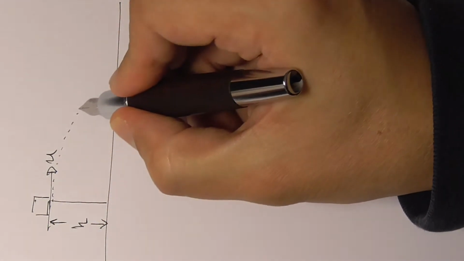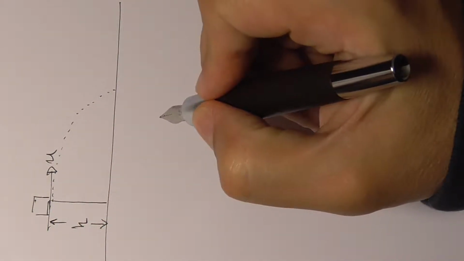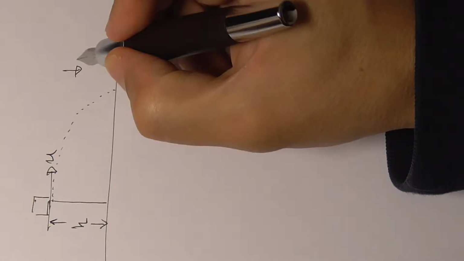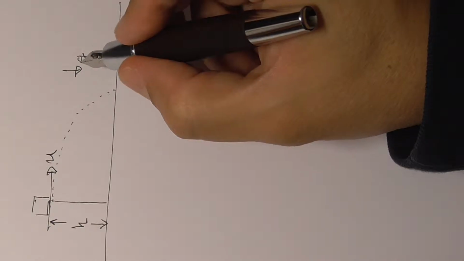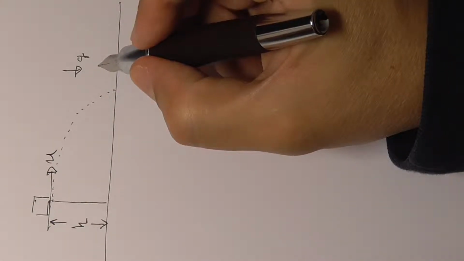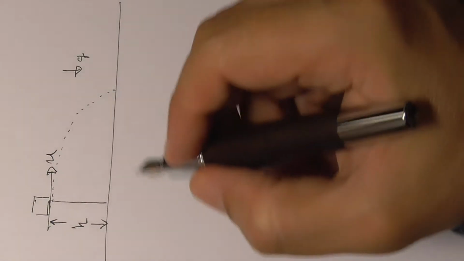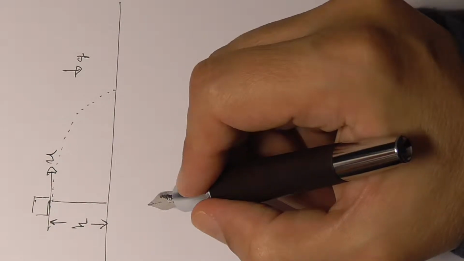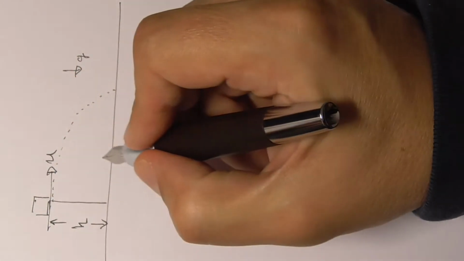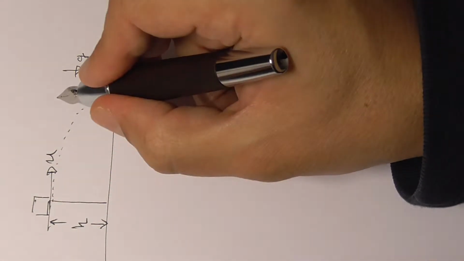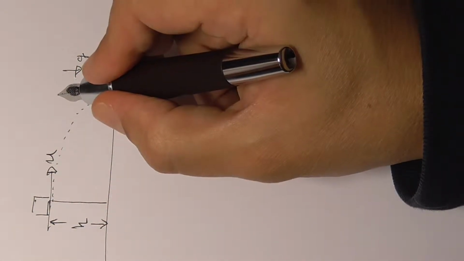So it will follow a path like this, a parabolic path, where the only acceleration is g, the acceleration of gravity, vertically downwards. Two independent motions, one on the horizontal axis, one on the vertical axis. The horizontal is with constant speed, there is no acceleration, no resistance.